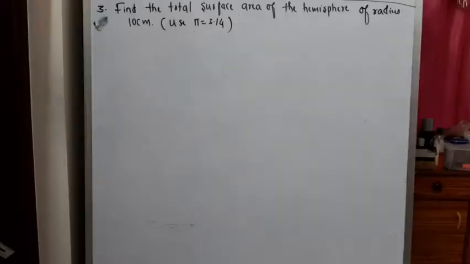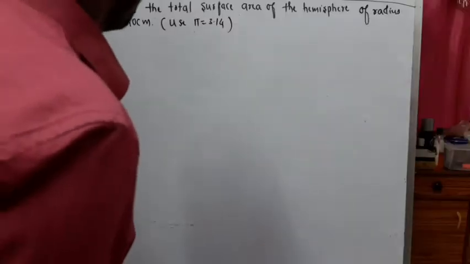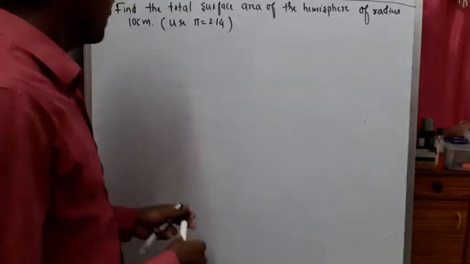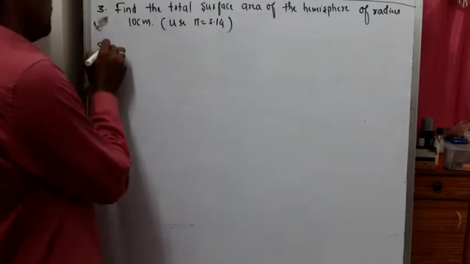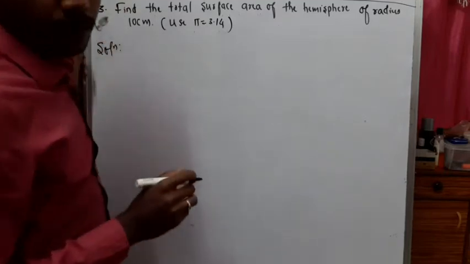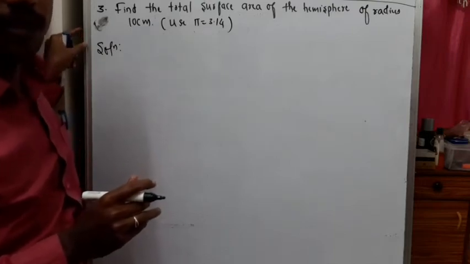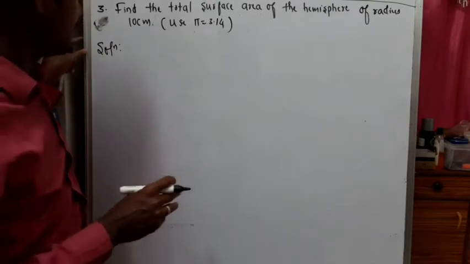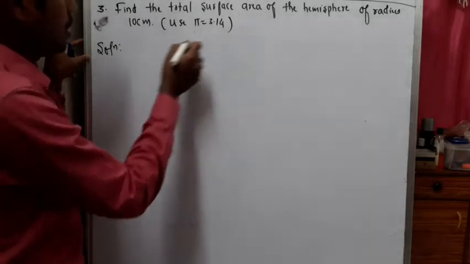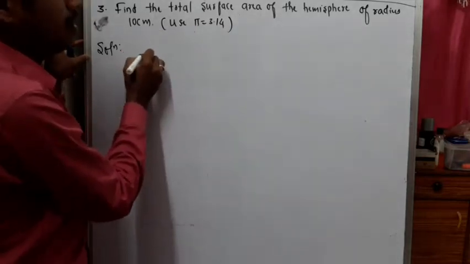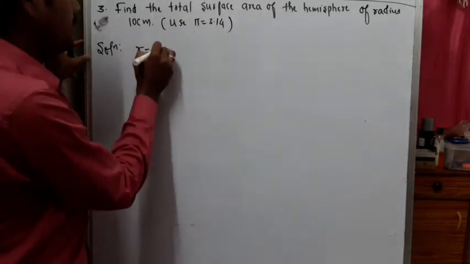Third question, find the total surface area of the hemisphere of radius 10 centimeter. Now you know what is the formula for finding the total surface area of the hemisphere? That is 3 pi r square. Okay, now what they have given: radius r is equal to 10 centimeter.